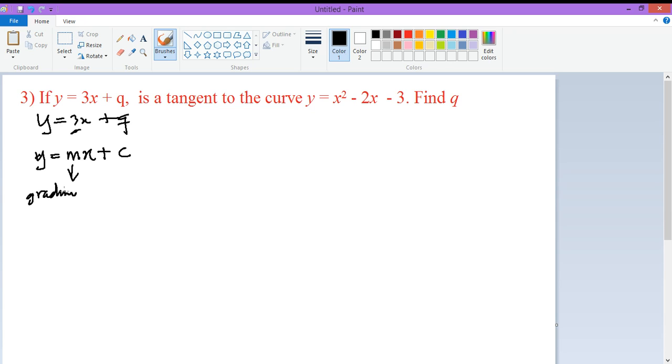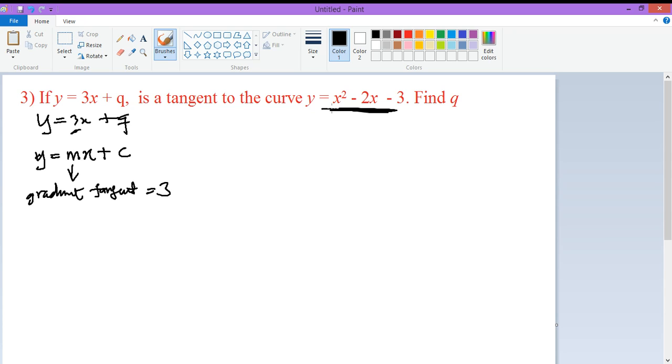The gradient of the tangent is 3. But note that the gradient of the tangent is the same as the gradient of the curve y is equal to x squared minus 2x minus 3 at the point of contact.